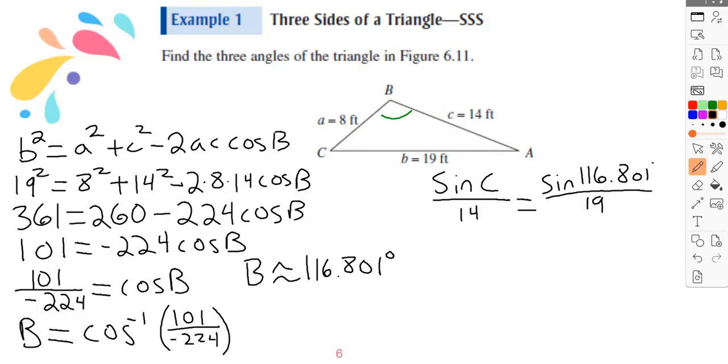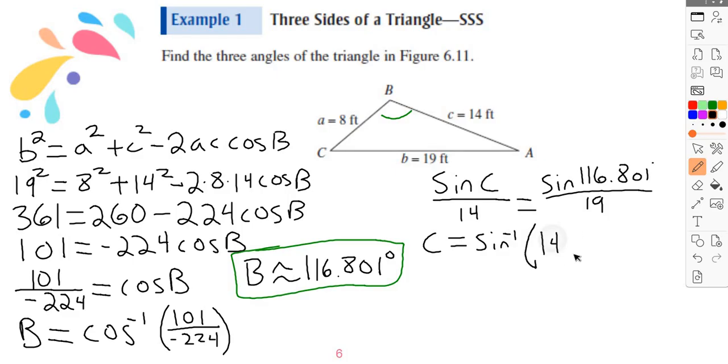So then what would we do to solve? Sine inverse, yes. So I have sine inverse of 14 times sine of 116.801 divided by 19.